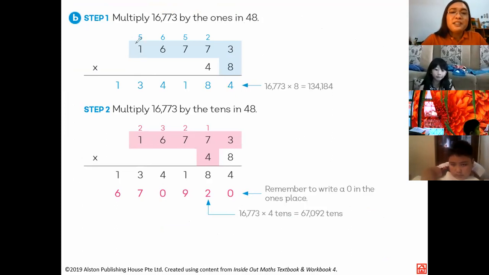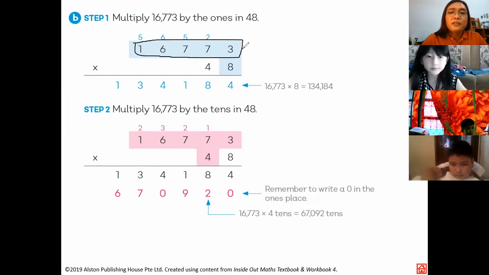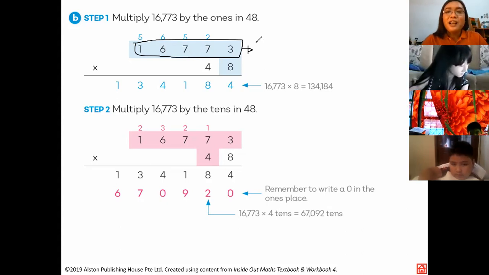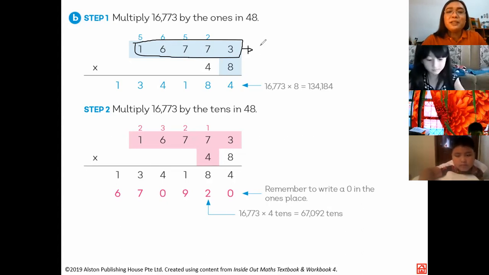Again, what do you call this number at the top?